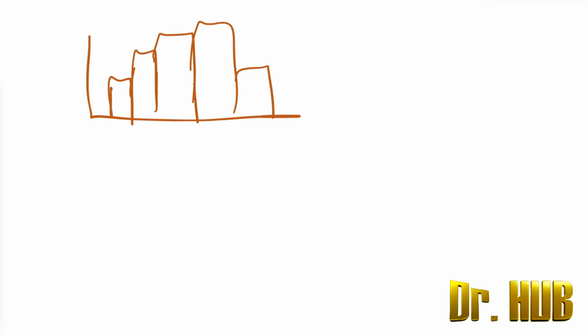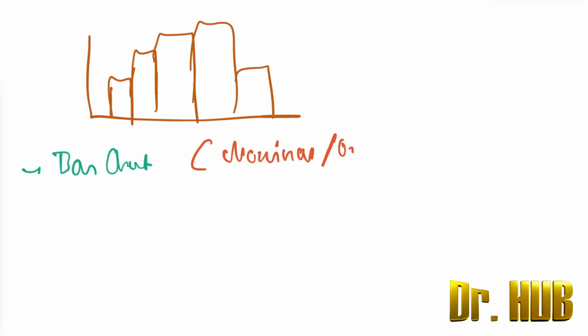Next, we look at the bar chart. What is meant by the bar chart? It is mainly for nominal or ordinal scale data.